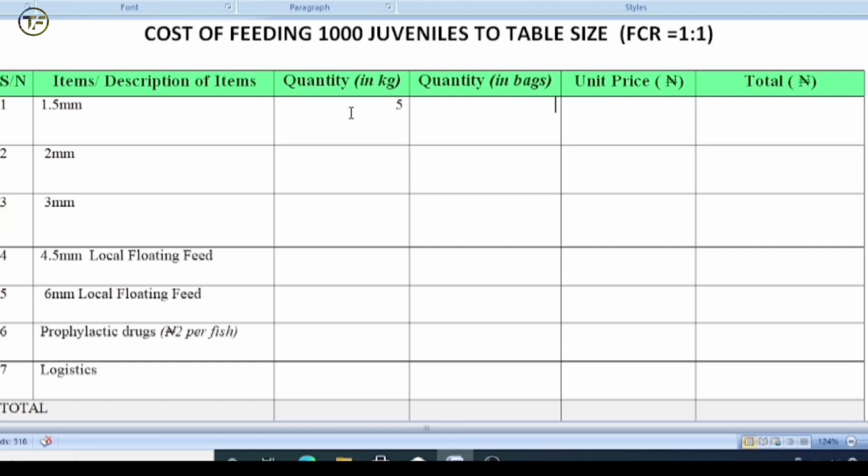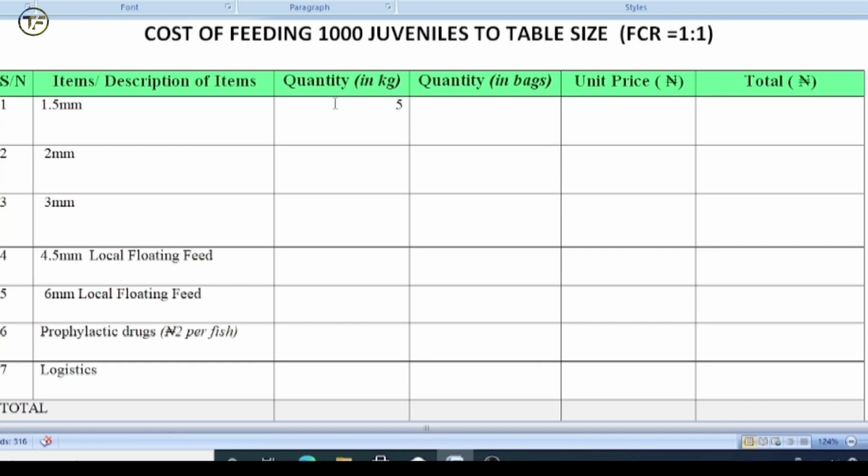Now it might not come in bags. I know Alaqua packs their 1.5 mm in 1 kg bags or so, so I'm going to leave it at that.